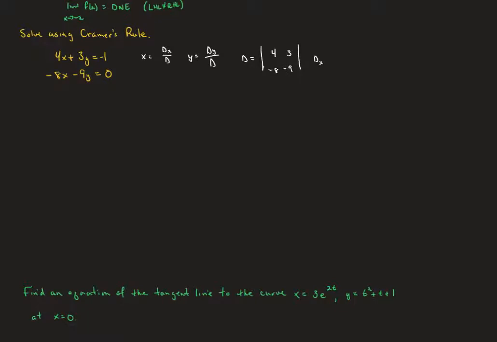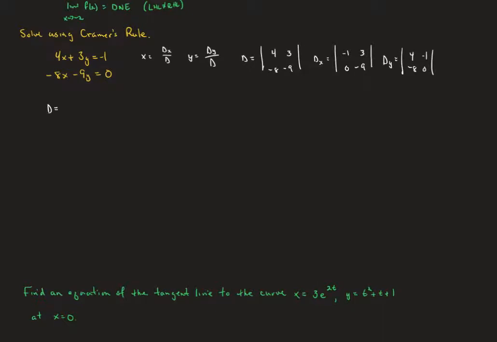The Dx is going to be: replace the x column by the right-hand side. So that's going to look like that. And the Dy means start with the determinant of coefficients D and replace the y column by the right-hand side of the equal sign.